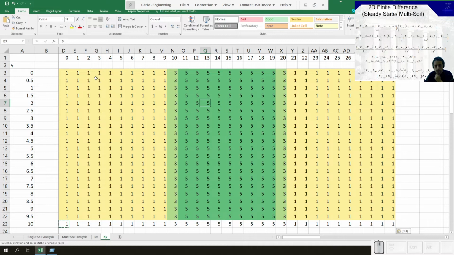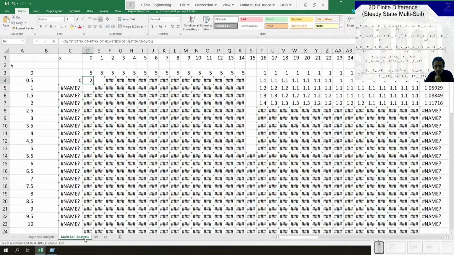So going back to the multi-soil sheet, okay, the multi-soil sheet.